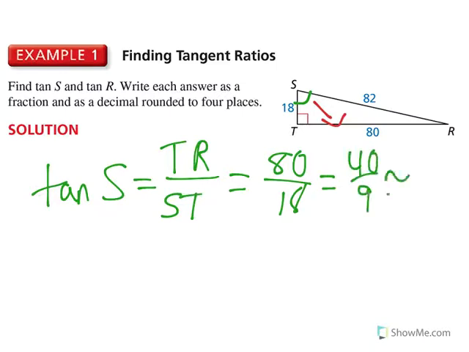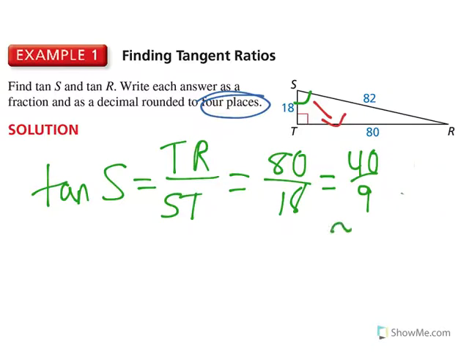And so I could reduce that down to 40 over 9. But if I want the approximate answer to actually find the tangent of angle S, we can put it in our calculator. You can do your 40 over 9 or your 80 over 18, and you'll get approximately 4 point, and it says up here to round it to 4 places, so 4 decimal places. I'm going to run out of room here, but it just repeats 4s over and over again, so I'm going to rewrite it down below.